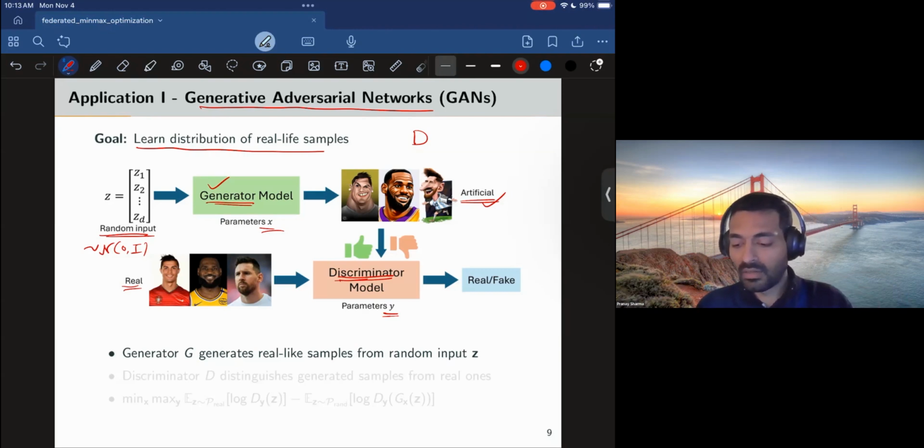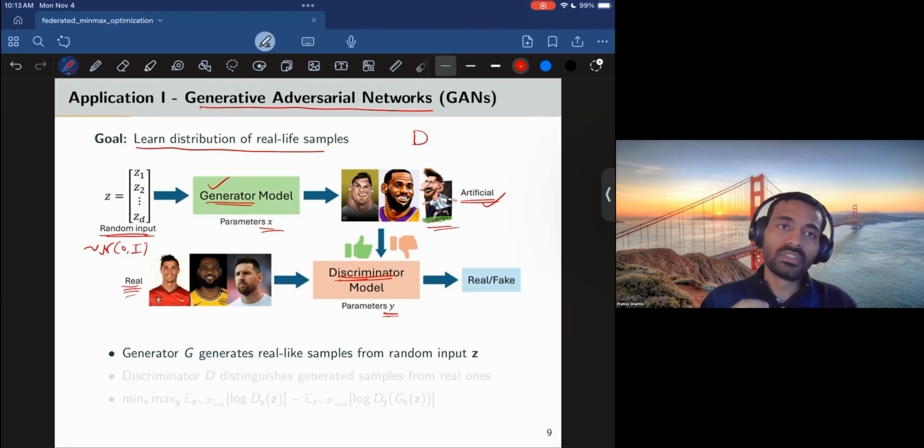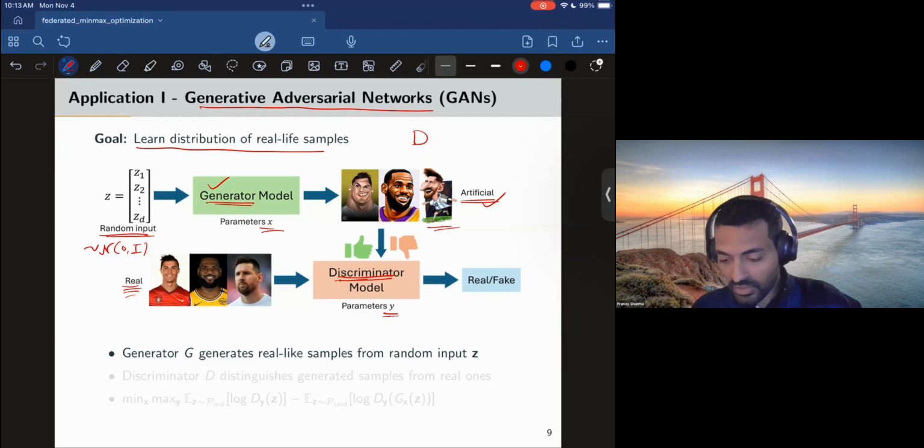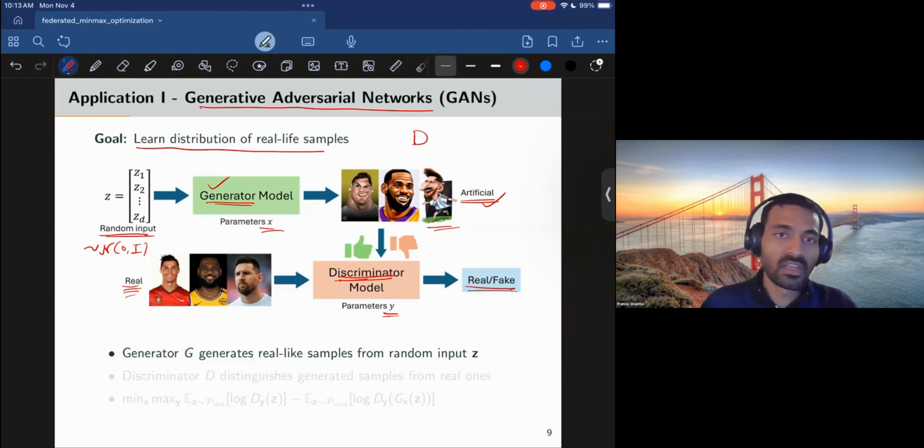For example, these are cartoon images, while these are real world images of humans. The discriminator wants to discriminate which of the images it's seeing are coming from the artificial data and which are coming from real data. So it's supposed to decide which images are real and which images are fake.